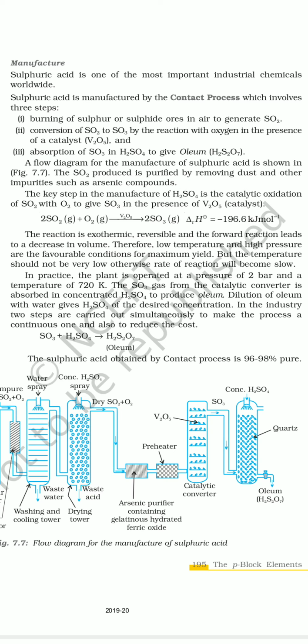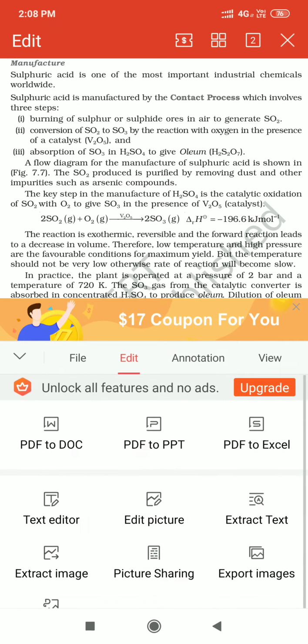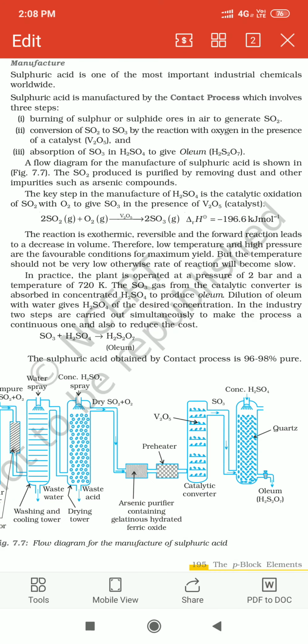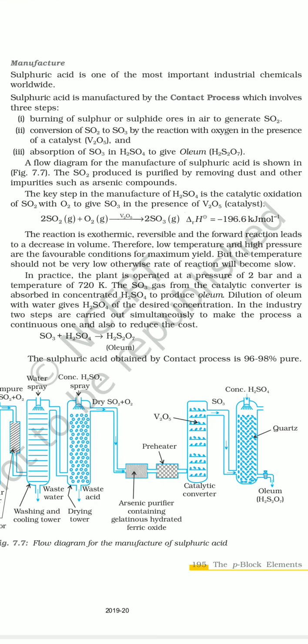You can see that two molecules of sulfur dioxide and one molecule of oxygen will react to produce two molecules of sulfur trioxide. So on the reactant side you have three molecules, and on the product side you have two molecules. So the number of moles on the product side is less and on the reactant side is more.